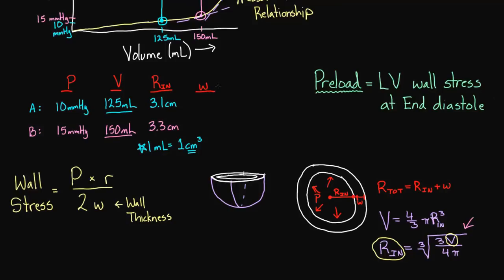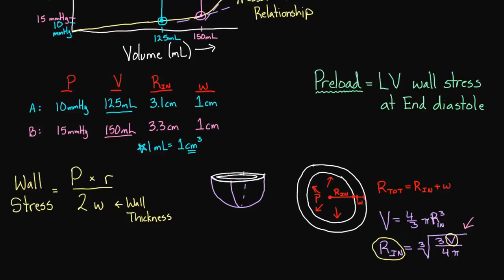And then I could also do the next variable, wall thickness. For this, I assume, and this is a fair assumption, that my left ventricle is not going to change a whole lot from heartbeat to heartbeat, and that in general, given my size and weight, I'm going to have a wall thickness of about 1 centimeter, just to make the math easy.